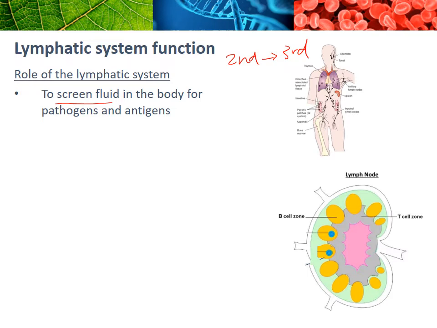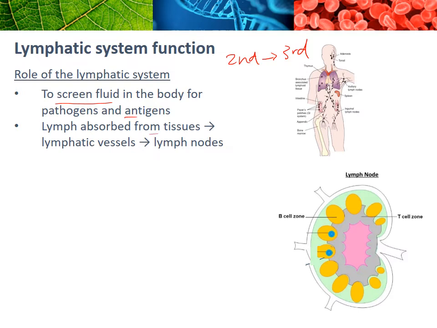It's basically looking for pathogens or antigens that are in that fluid. Your body is constantly checking this lymph all the time. If there's no pathogens in your body, nothing happens, it gets filtered, it goes back into the blood system. When there is a pathogen in your body, it will kickstart our third line of defense.